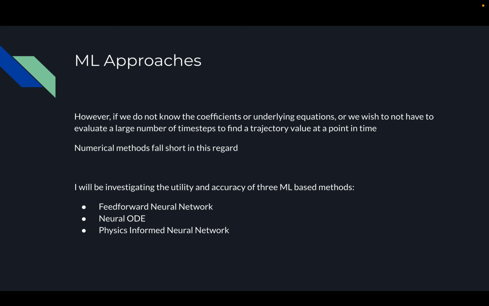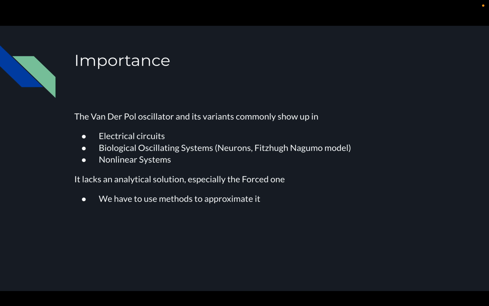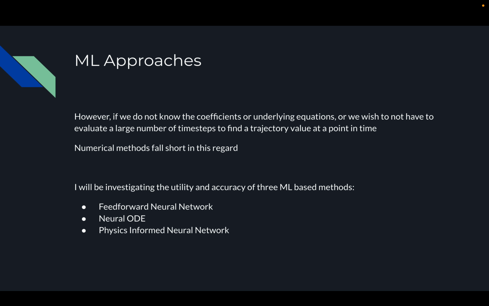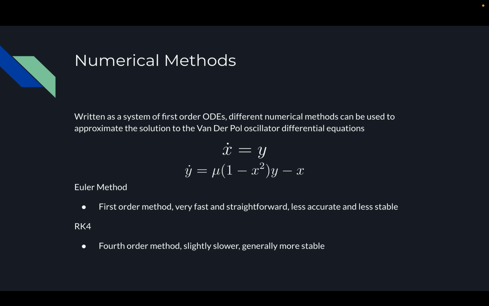These models were trained on data generated using an RK4 solver with added Gaussian noise centered with a standard deviation of 0.1. The system parameters were the coefficient mu equal to 2 on a time interval, again the same as the numerical method, from 0 to 20, with an initial condition of x equals 1 and y equals 0.